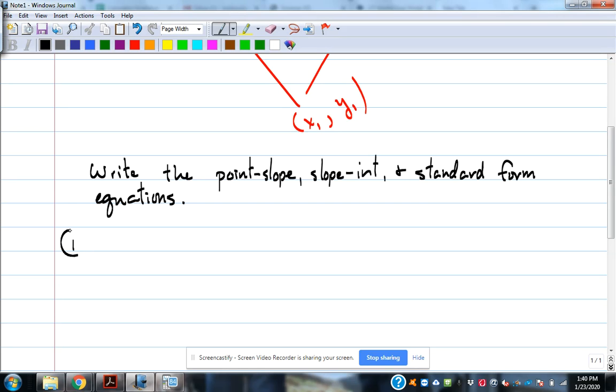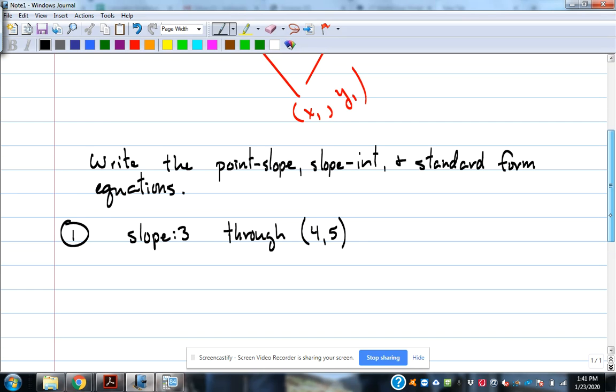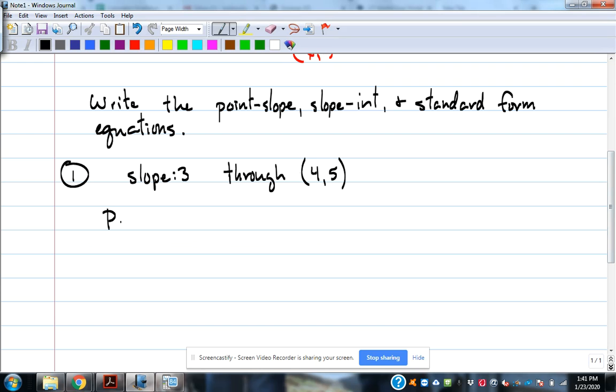So first example, they give us a slope of 3, and it goes through (4, 5). Okay, so if we have a slope and we have a point, then we can use the point slope form.